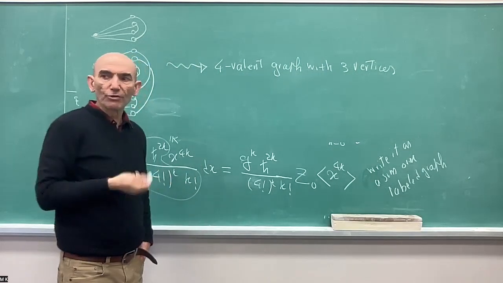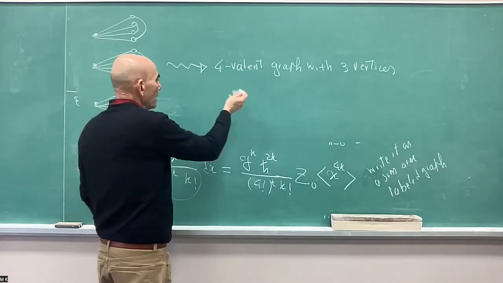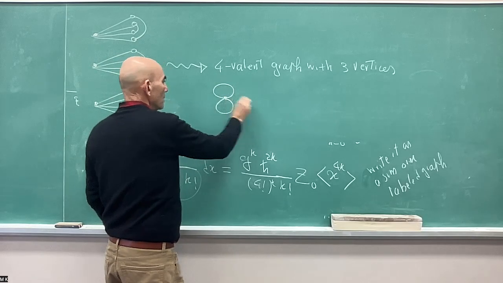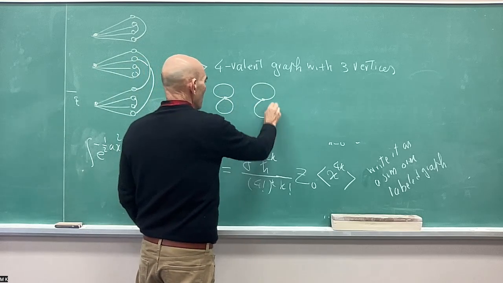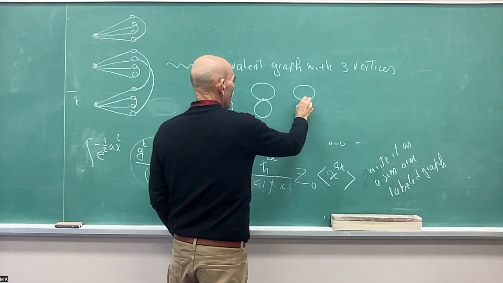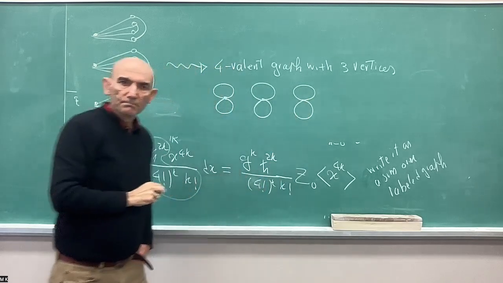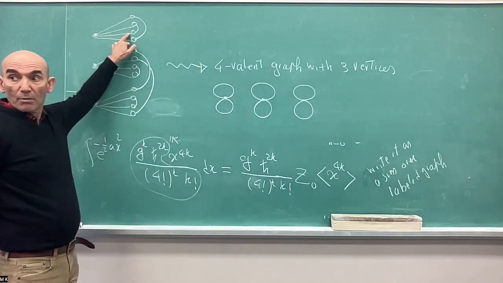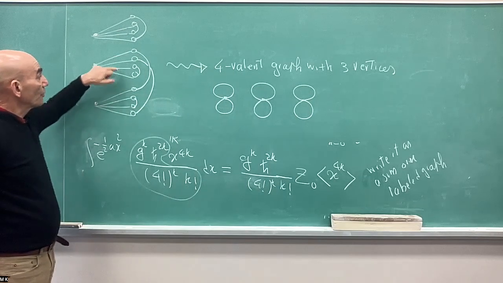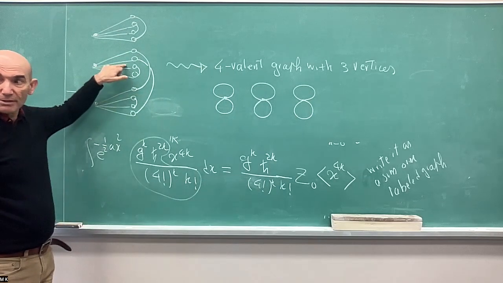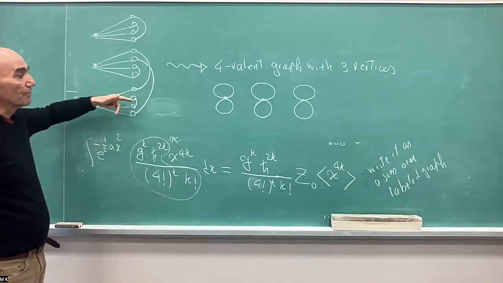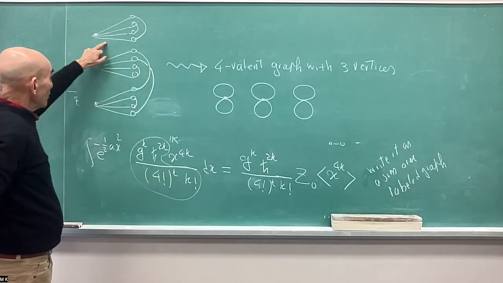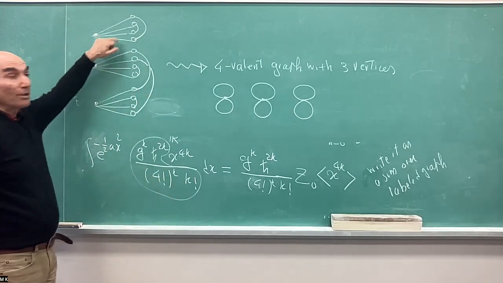Let's draw some of them. For example, the simplest case is this. It is obtained when you do pairings not like this: you're not connecting this group with that group, you're connecting this group within itself, and that group within itself. You get such graphs, but then you have many of these.